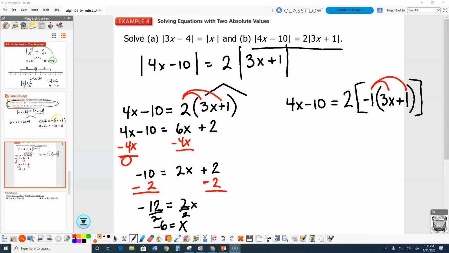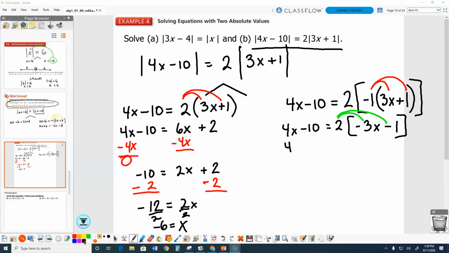So I will end up with 4x minus 10 is equal to 2 times negative 1 times 3x, which is negative 3x. Negative 1 times 1 is negative 1. Now, I'm going to need to multiply everything by that 2. So I'm going to use the distributive property once again.